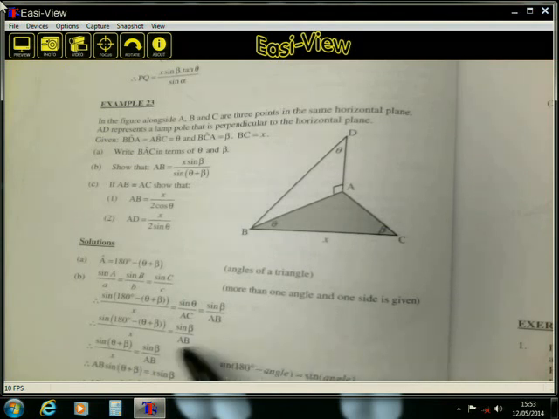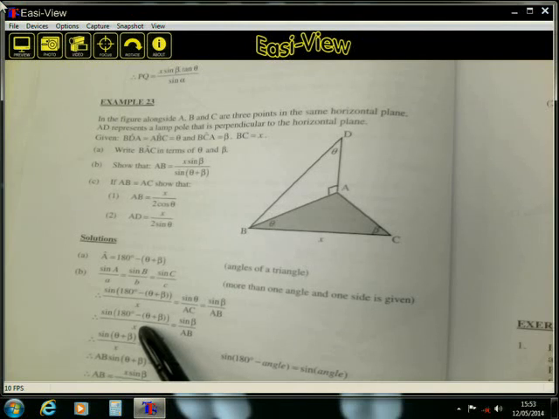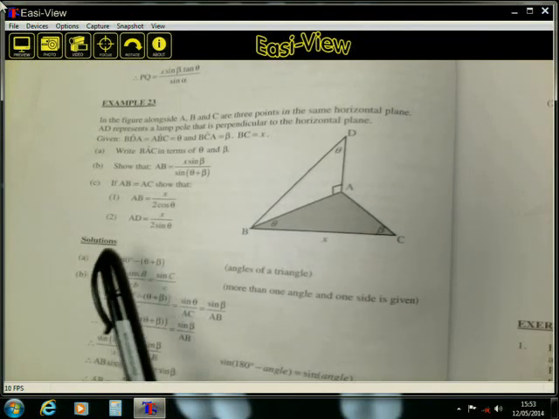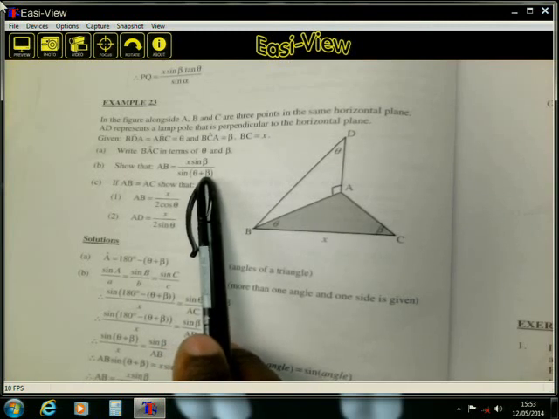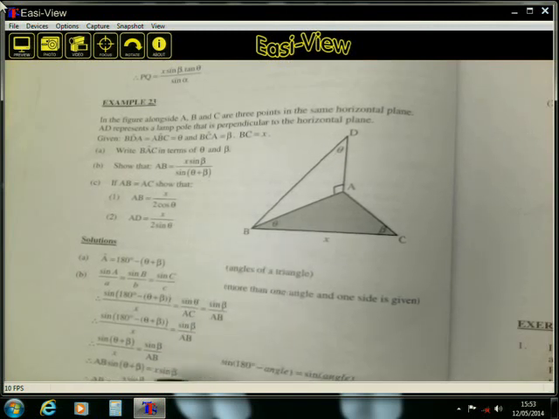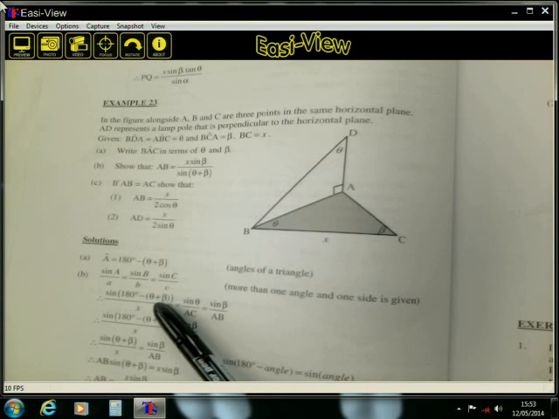Why do they end up with this one? Why have they left out AC? Because in this one, we don't need side AC. So we use sine 180 minus theta plus beta. That is why they wanted you to find it out first.